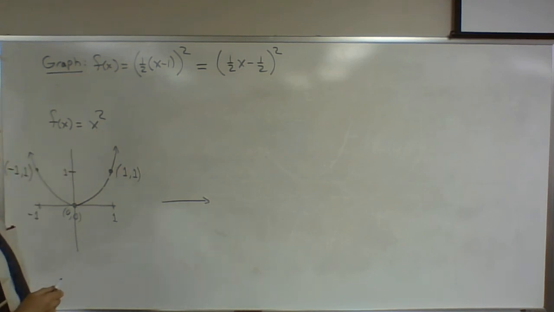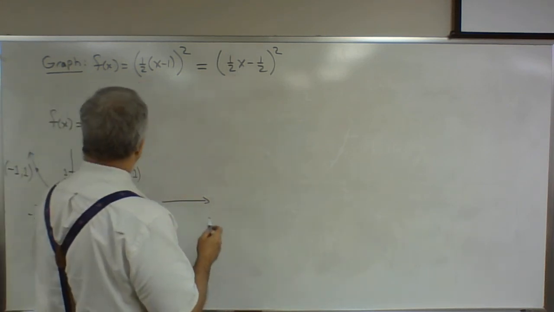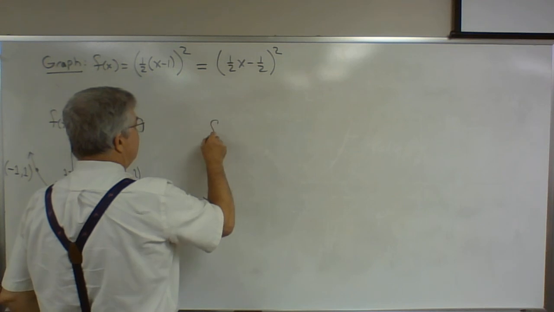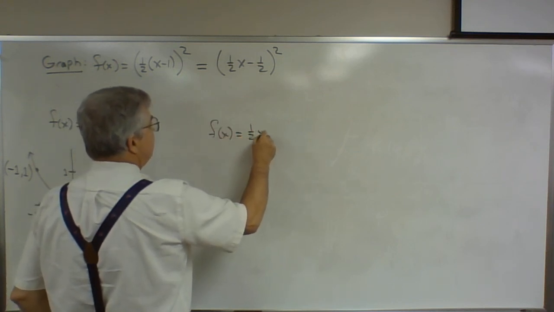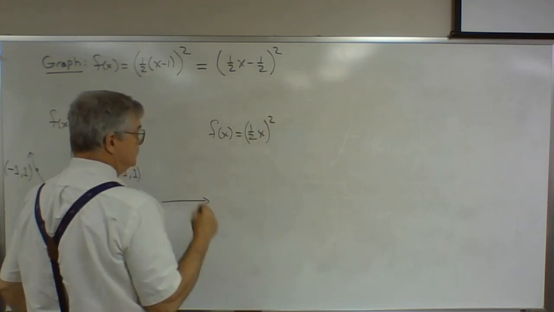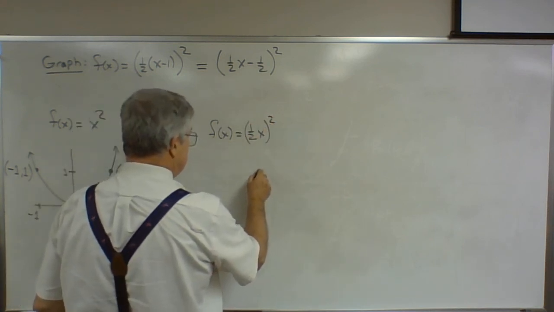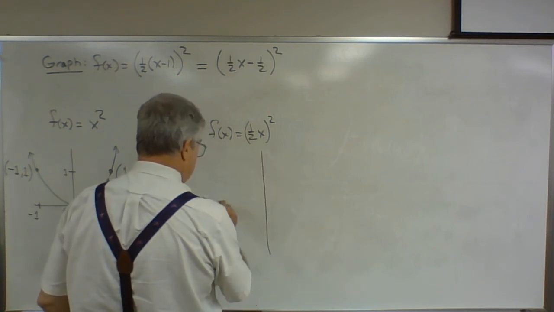Now what I want to do is graph f of x equals 1/2 x quantity squared. And let's see, what is that going to look like?